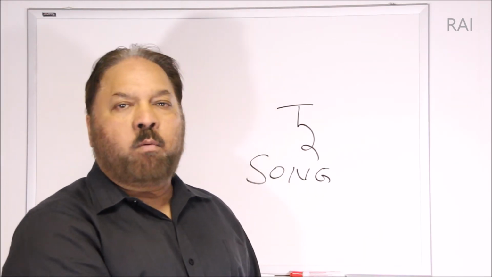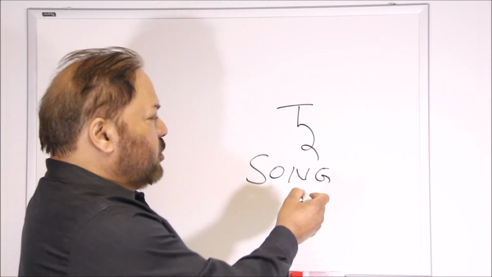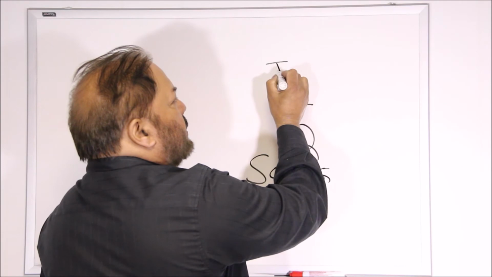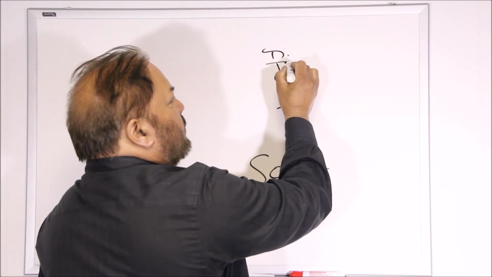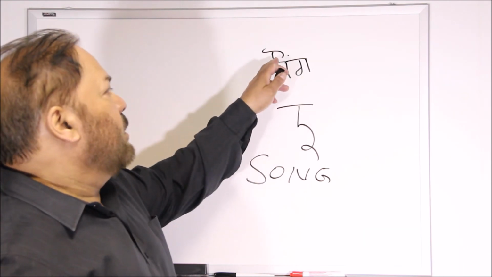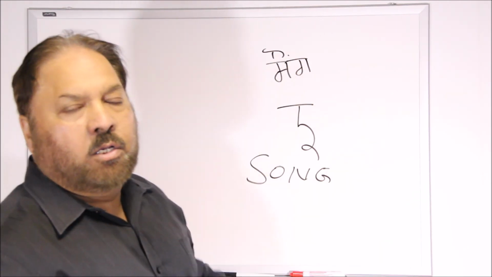So probably G is half silent, but in Punjabi, if I want to write down song, I will write it like this. This is Sasa for S, Kannada, and a dot on the end. This is Gaga, song.